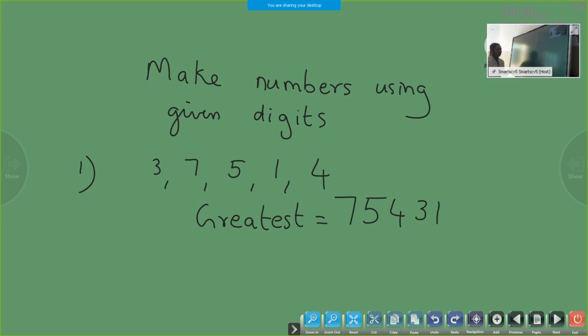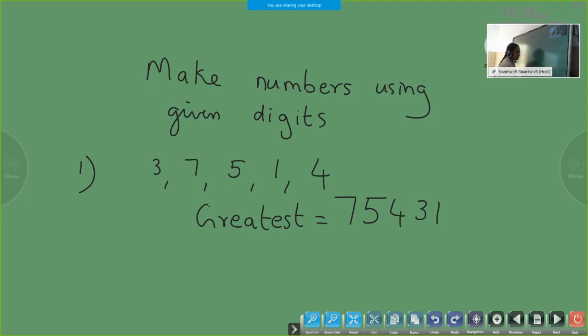When digits are given, they are separated by commas, but we are making a number from the digits. When you write the number, you have to put commas according to the place value chart.